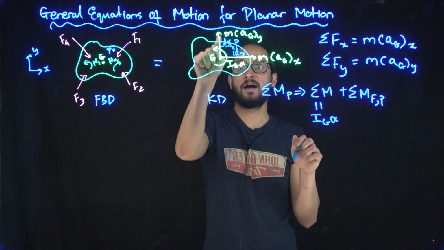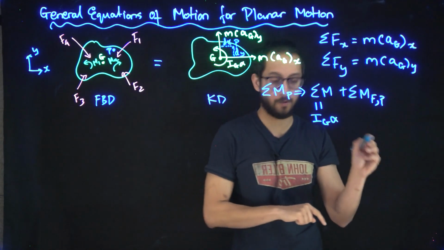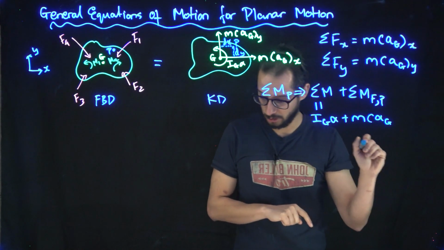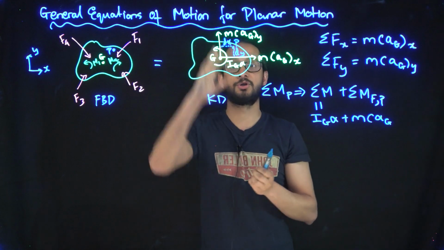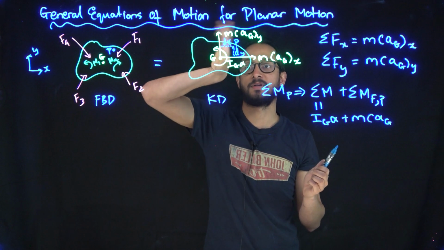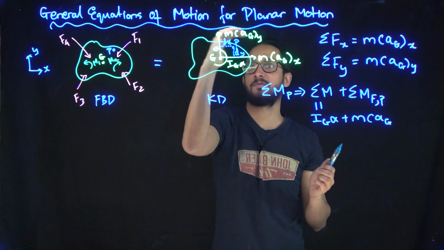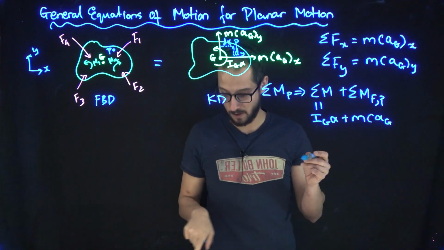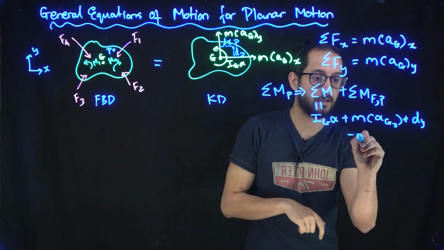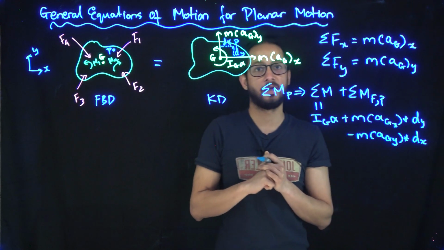But now you also have the moments due to these equivalent motion forces, so m a G. So you have plus m aGx is going to be positive and m aGy is going to be negative. So m aGx times dy minus m aGy times dx, right?